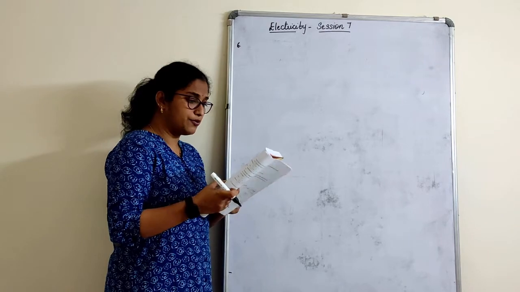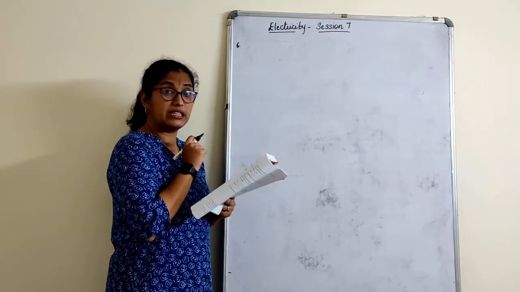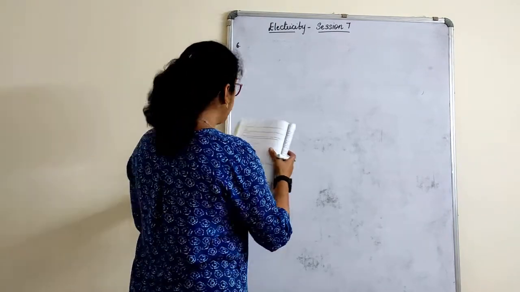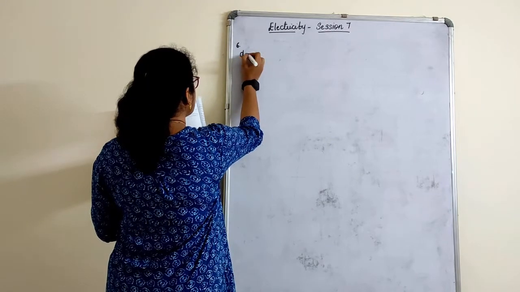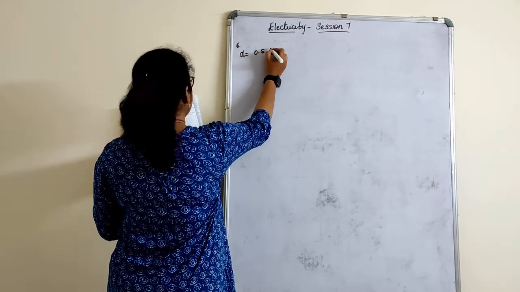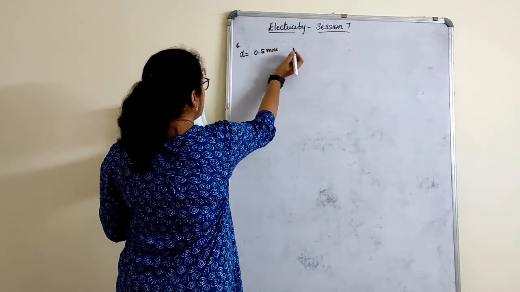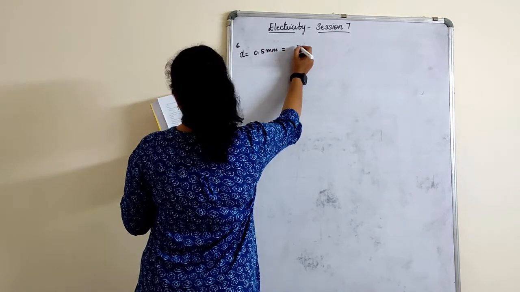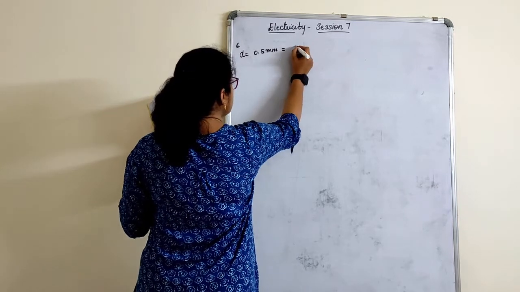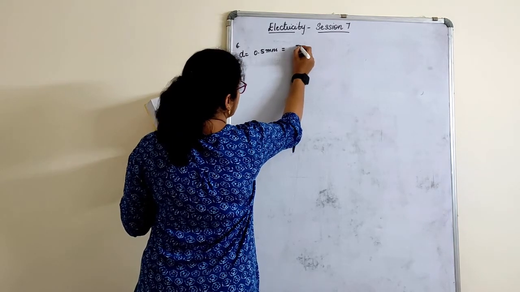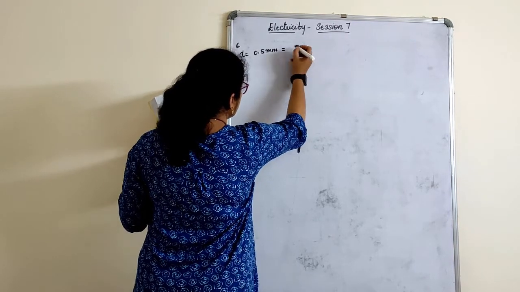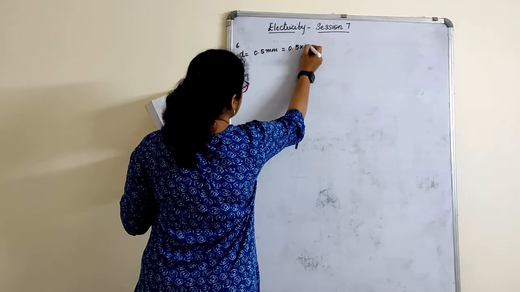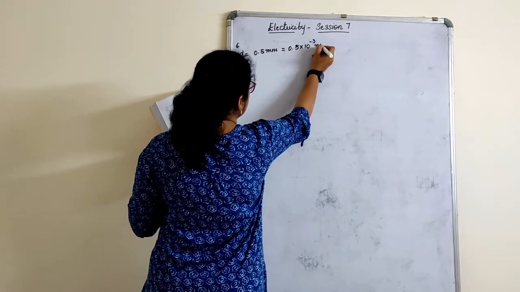This is a similar type of resistivity sum which we had done in the worked examples. A copper wire has a diameter of 0.5 millimeter. We know how to convert millimeter into meter, which gives 0.5 into 10 raised to minus 3 meter, right?